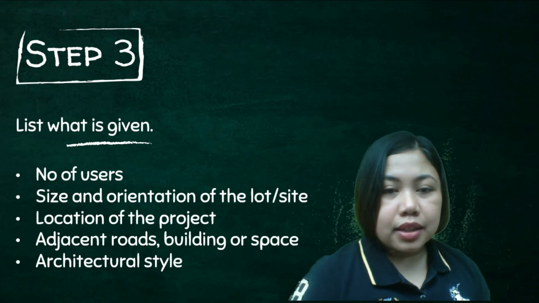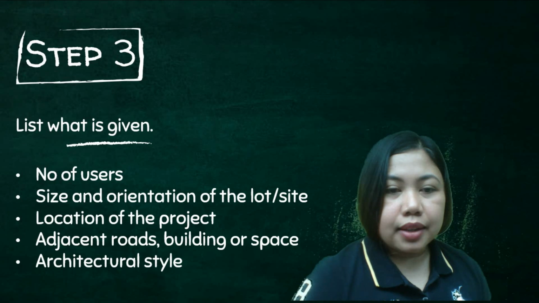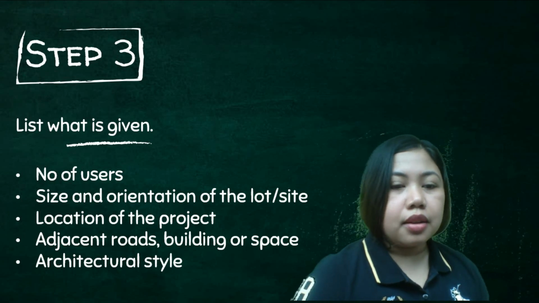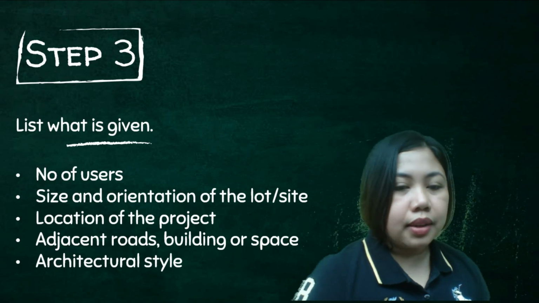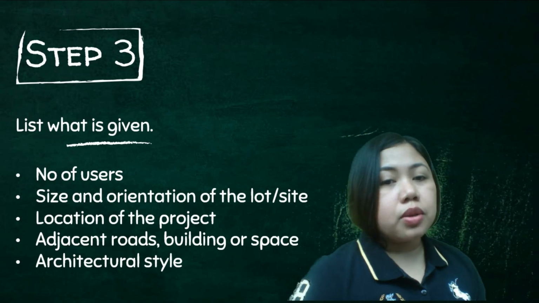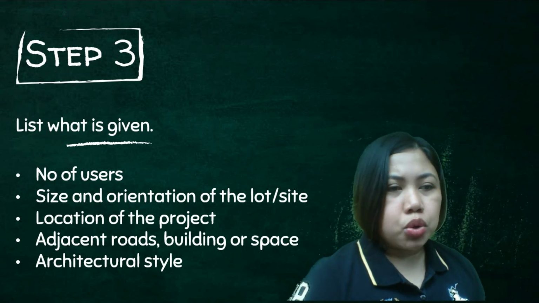Any assets that are present in the site, the proposed site. You should take note of that. And the architectural style. In this problem, the architectural style is given already, which is tropical architecture.